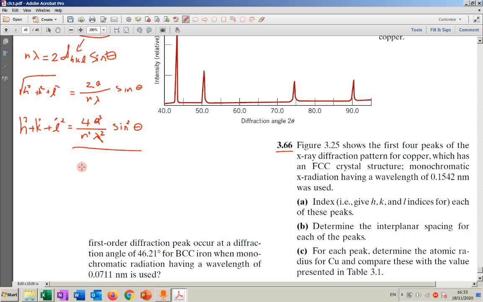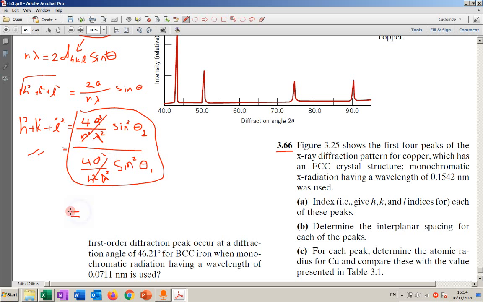If I divide this one by another h squared plus k squared plus l squared, with n squared, wavelength squared, sine squared theta. Now, if this is for the first peak, and let's say this is for the second peak. What will happen if you divide the second peak's h squared plus k squared plus l squared by the first one? Those two are constant, so they are going to cancel out each other.